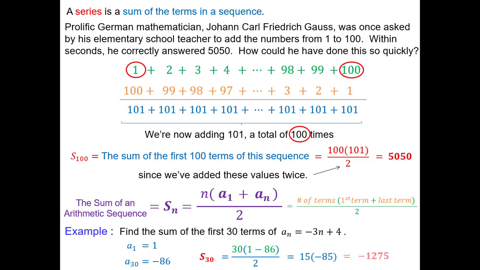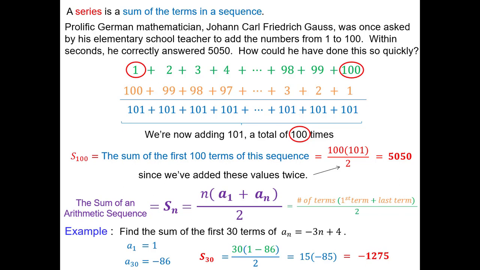So all we have to do is multiply in order to find that the sum of the first 30 terms is negative 1,275. We didn't need to know all of the terms in the sequence and add them up one at a time, because this process or this formula that Gauss came up with will get us there in a much faster way.